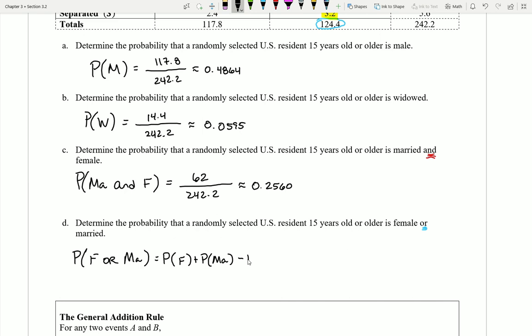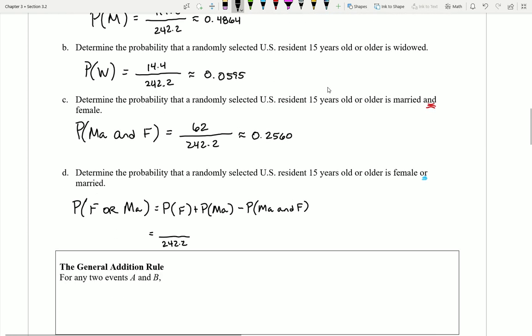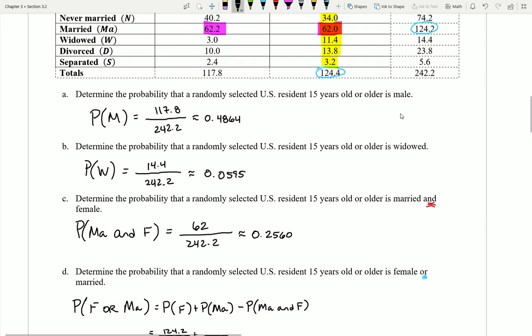And so to get rid of that extra time, I'll just subtract it. Let's take a look at how this actually works with our numbers. Again, if I looked at the total number of females, I would know that out of the 242.2, there are 124.4. With married individuals, it was 124.2.